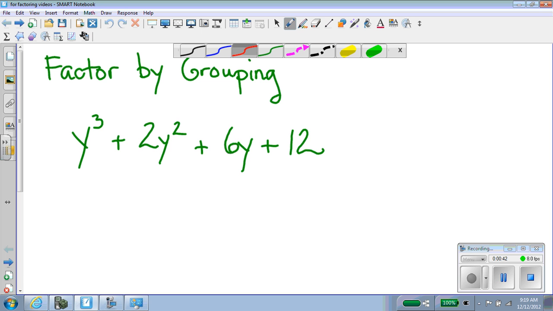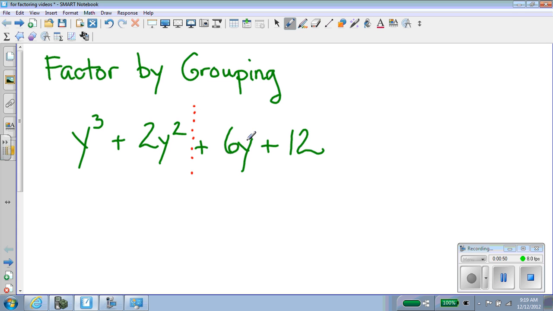For example, here's a 4-term polynomial. The most common way to divide a 4-term polynomial is into 2 terms and 2 terms. Make sure that the plus sign stays with the 6. These first 2 terms have y squared in common, leaving y plus 2. These second 2 terms have 6 in common, actually a positive 6 in common, leaving y plus 2.